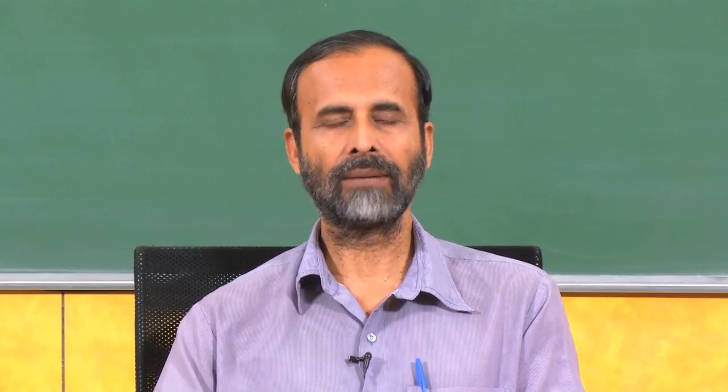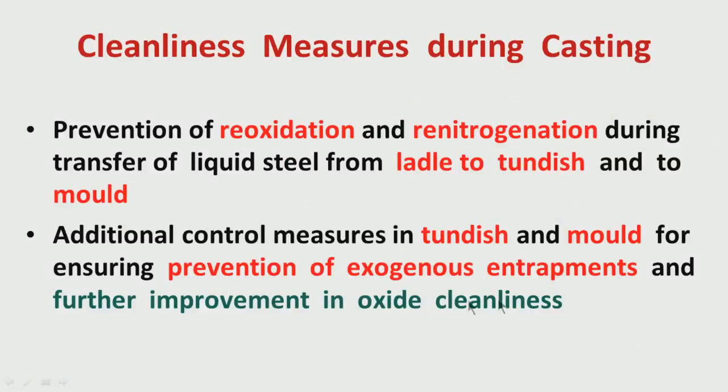So, all our efforts should not go to waste. Whatever good cleanliness level we have achieved, we have to maintain it, there should not be deterioration. Additionally, we have to see to what extent we can prevent additional exogenous entrapments for further improvement in oxide cleanliness.